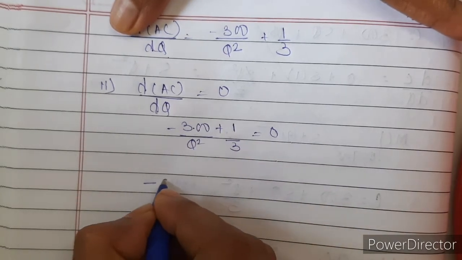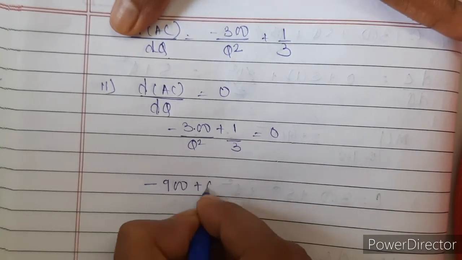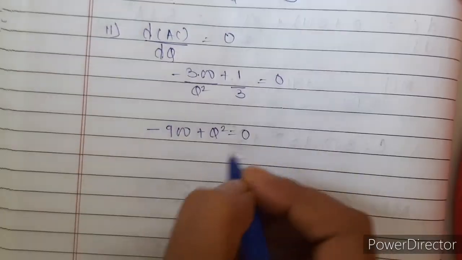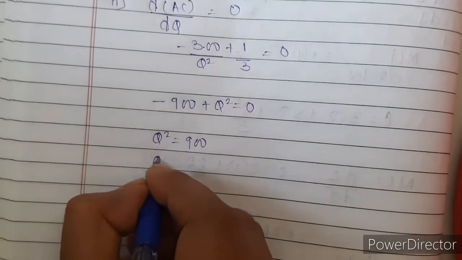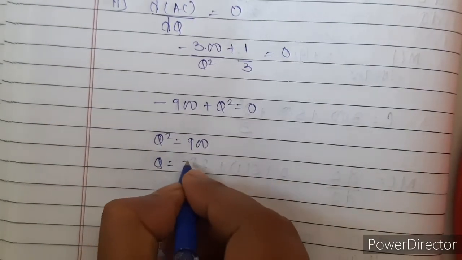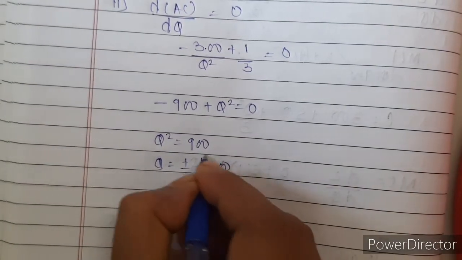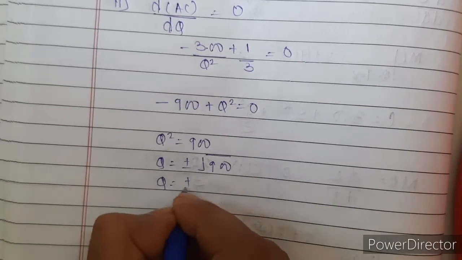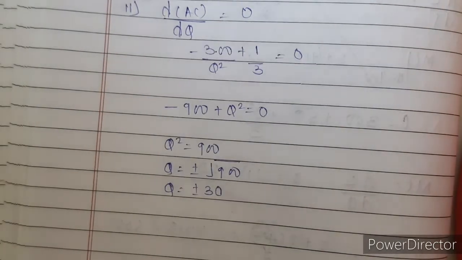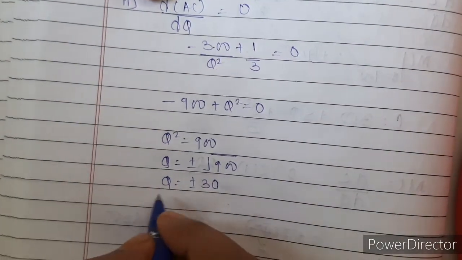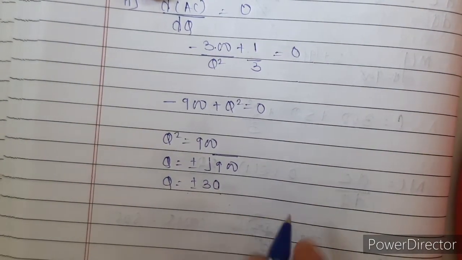So we can write this as minus 900 plus Q square equals 0. So basically we have Q square equals 900. So the value of Q is plus or minus root of 900, that is plus or minus 30. Okay, so the value of Q is plus 30 and minus 30.